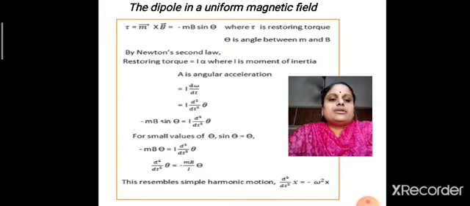The above equation resembles the equation for simple harmonic motion of the form d square x by dt square is equivalent to minus omega square x.